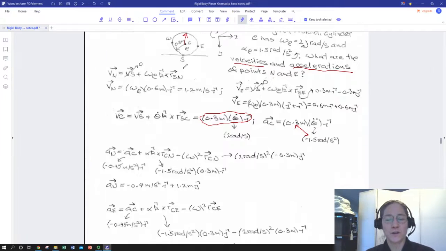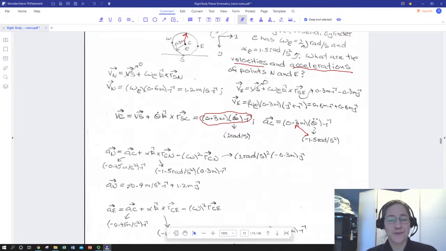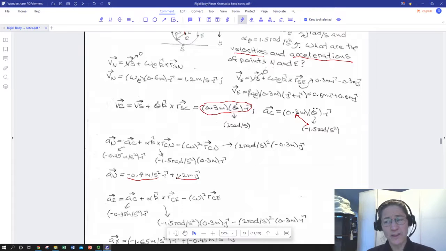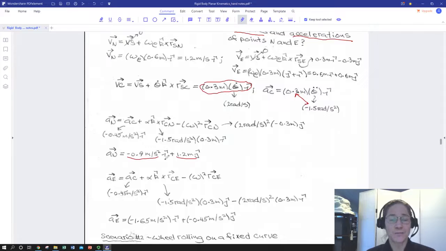We're going to go 0.3 meters. And we already know omega, and we already used that, so we crank that through, and we find we have two components, an i-hat component and a j-hat component, which is expected. The only places we really expect to have single components of acceleration are going to be down at S and at C, and those are going to be 90 degrees apart.